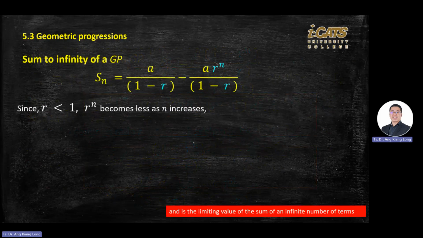Since R is less than 1, R to the power n becomes smaller as n increases. So if n increases, R to the power of something very big becomes very, very small. A multiplied by 0.0000 becomes a very, very small number. So R to the power n will be near to 0 because it's 0.000 something.